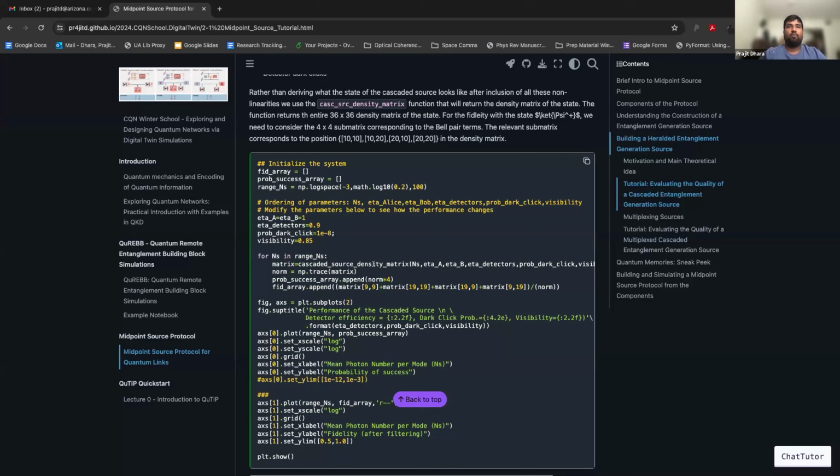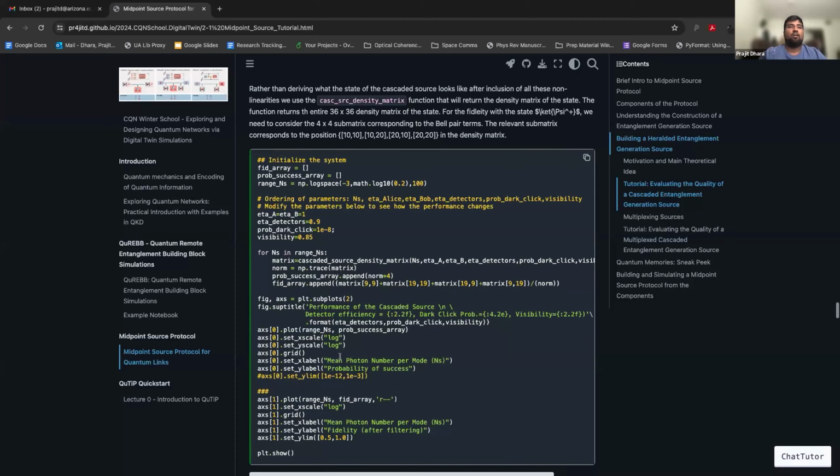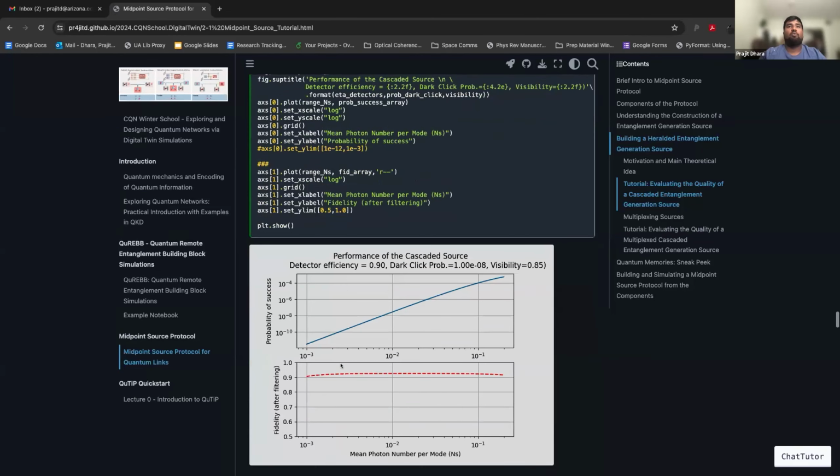We have an inbuilt source function from the dependencies file, which generates the complete density matrix. The elements that are relevant to us are given by the following matrix elements over here. So you can use this to calculate the fidelity, and the trace of the matrix will give you the probability of success. And here we plot both of those things.